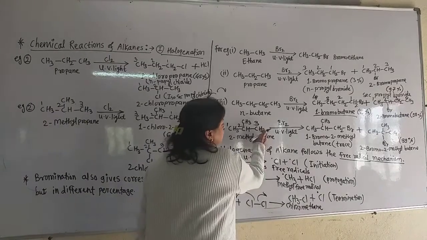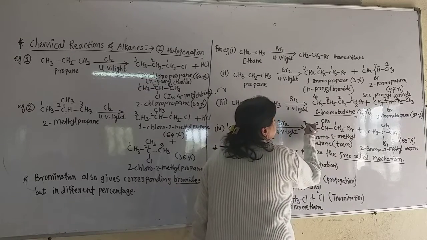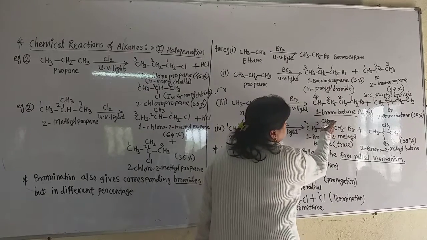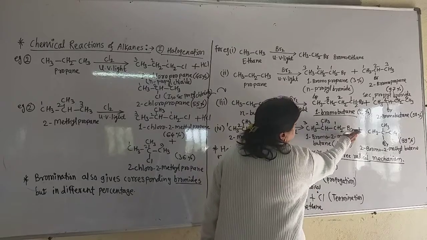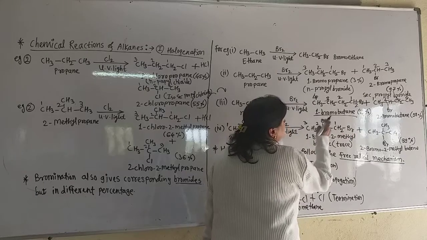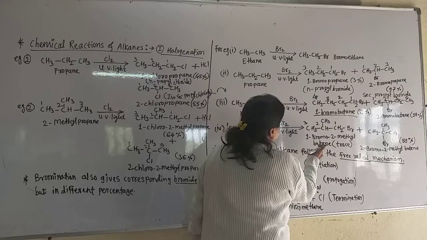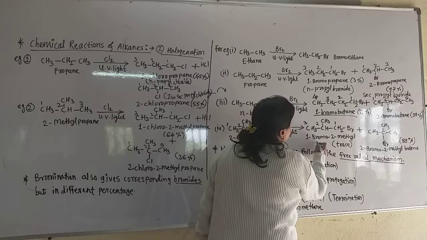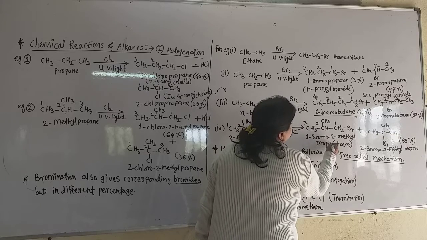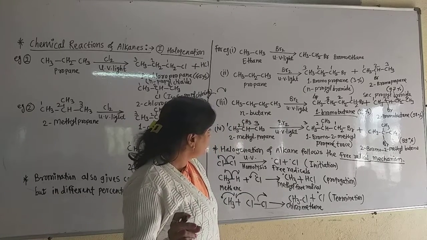So if we replace one of the hydrogens, we obtain 1, 2, 3. That is, on the second carbon there is the methyl, and on the first carbon there is the bromine. So it is 1-bromo-2-methyl, not butane, it is 1-bromo-2-methylpropane, because only 3 carbon atoms are in the chain here.